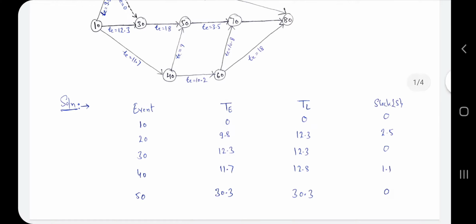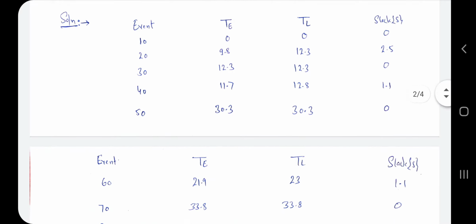These are the values which I already found for every event. Likewise we have to find the rest. Now how do we find the TL? If we have been given a TS value, the scheduled completion time, then we take TS as the last event value, but if it is not given, then we take TE equal to TL, that means the last event value is equal to TL.